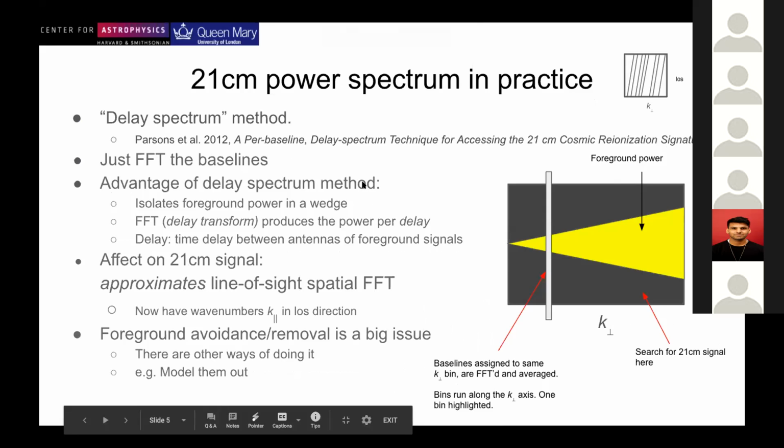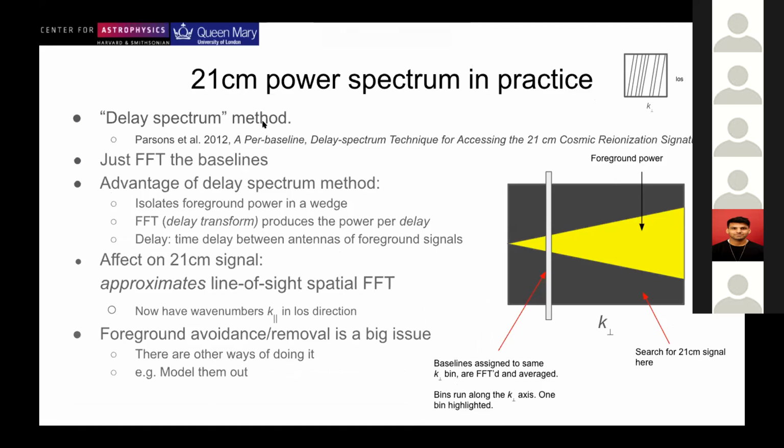There is a way out of that, which is the delay spectrum method. A lot of you will be familiar with that, introduced by Aaron Parsons a few years ago. So we just FFT the baselines. We FFT these lines of data. The advantage of the delay spectrum method is that it isolates foreground power in a wedge.